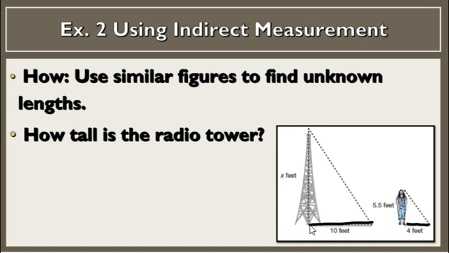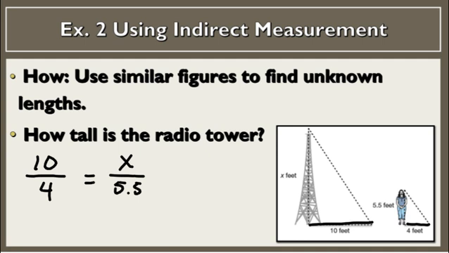So here we need to use corresponding parts. We both know the length of the shadow. The shadow of the tower is 10, and the shadow of the person is 4. That is the same thing as the height of the tower to the height of the person. Make sure you set that up properly so you are using the scale factor properly.